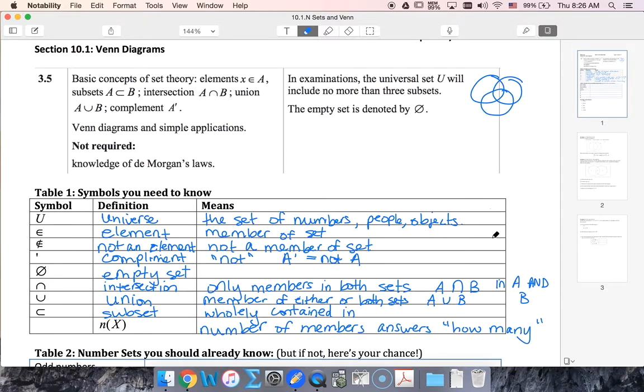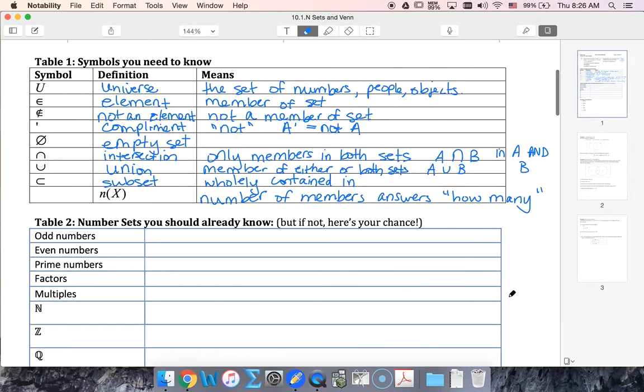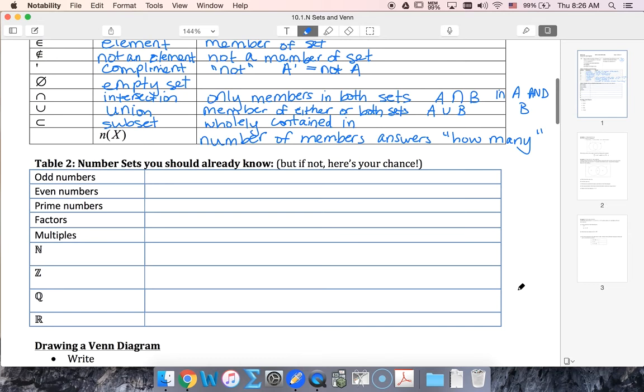All right, the next thing we need to know are the different number sets. You should know these already, but if not, that's okay, let's learn them. Odd numbers are numbers that are not multiples of 2. So I could say 1, 3, 5, -7, -11.